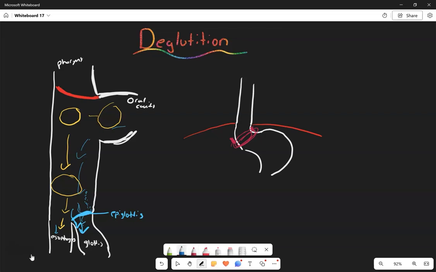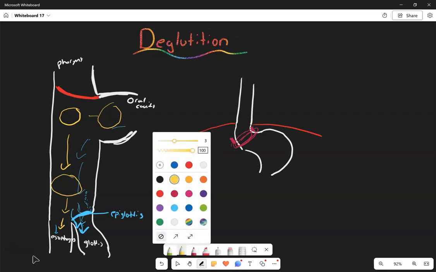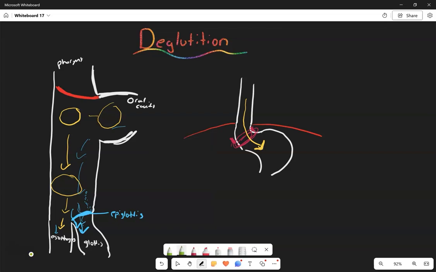Now, during the process of deglutition, that bolus of food will expand that area, tension relaxes, and the bolus can move into the stomach. The reason that sphincter exists is because inside of the stomach you are going to have the stomach acid, right? And if it fails, that acid can move backwards up into the esophagus.